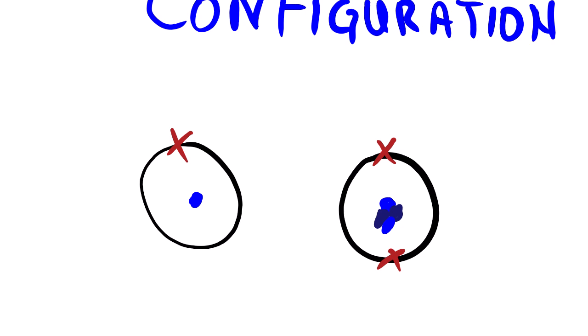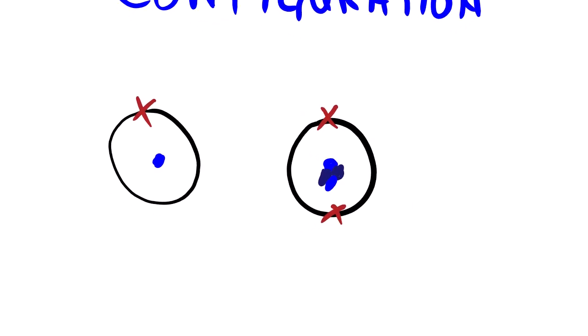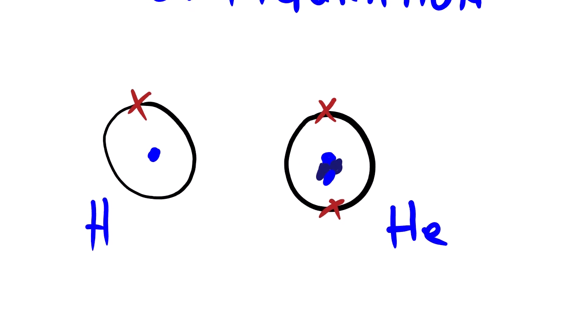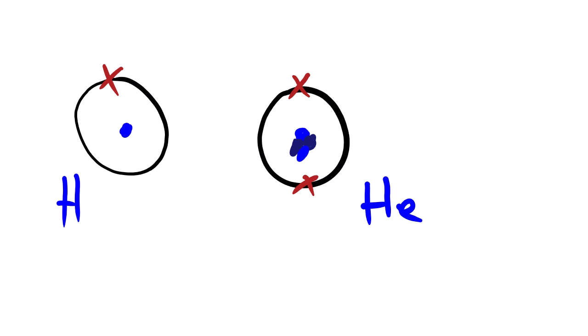So electronic configuration is aimed at describing the arrangement of electrons around the nucleus. This is hydrogen, H, and this is helium. These are very important.